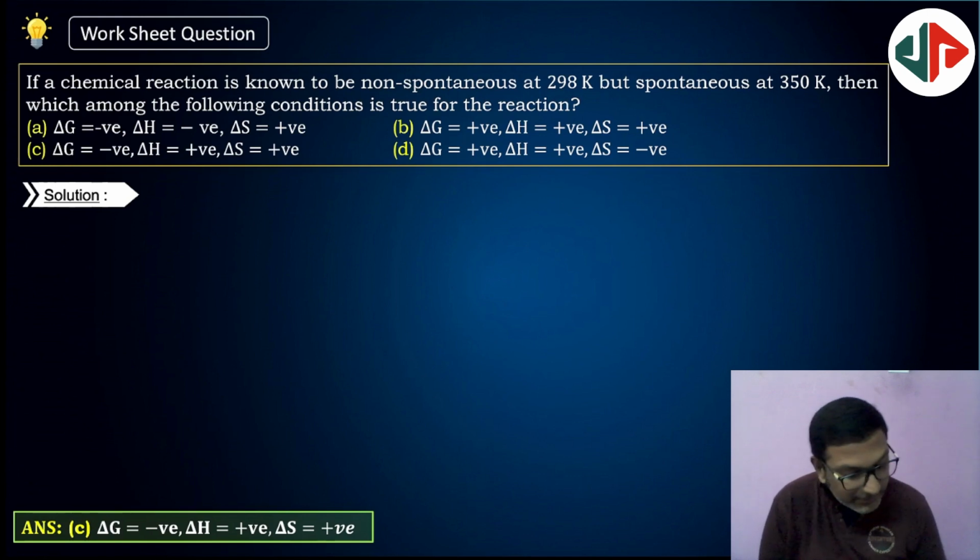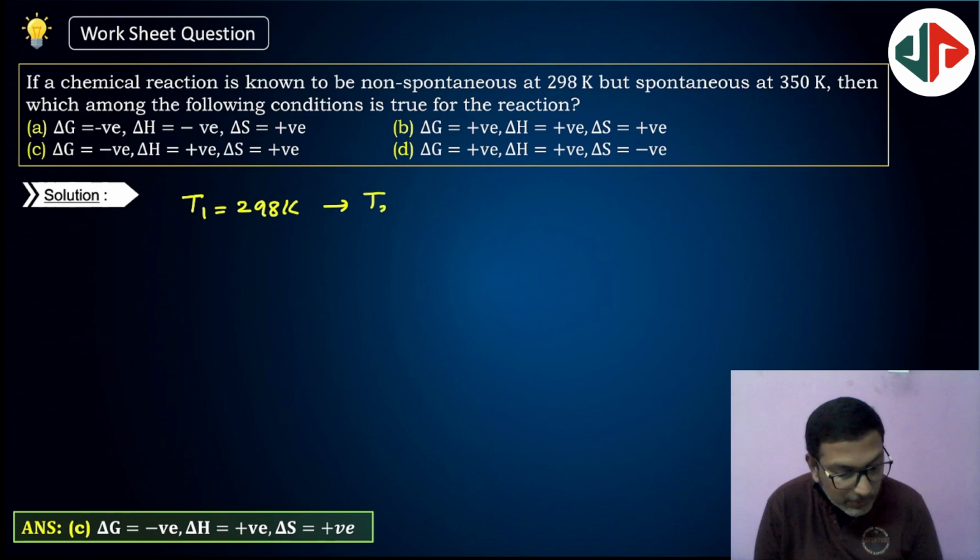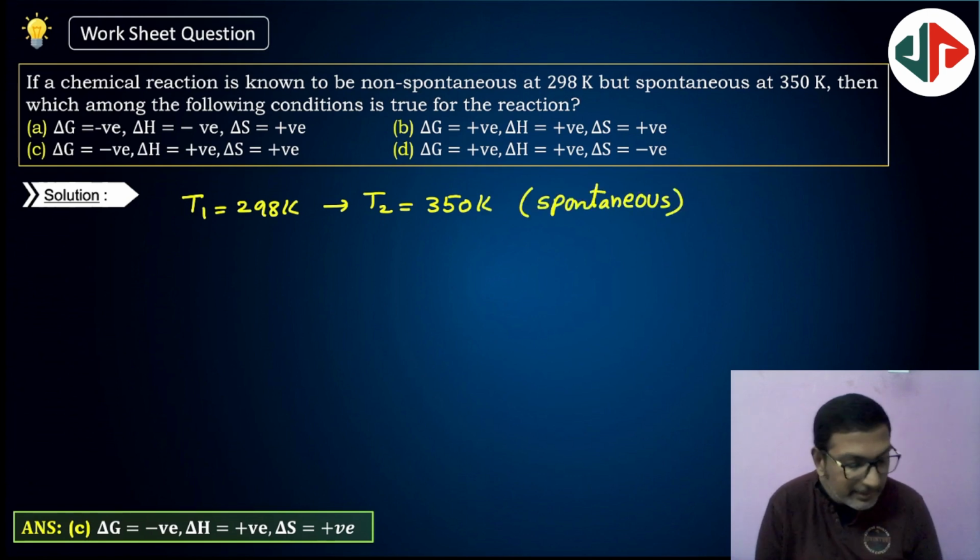That means simply we can say, here temperature increases, T1 is 298 kelvins, it changes to T2, 350 kelvins, then the reaction becomes spontaneous.